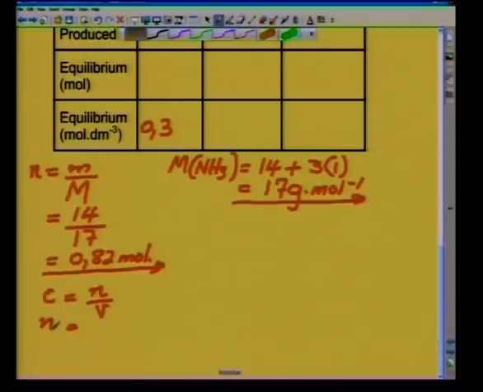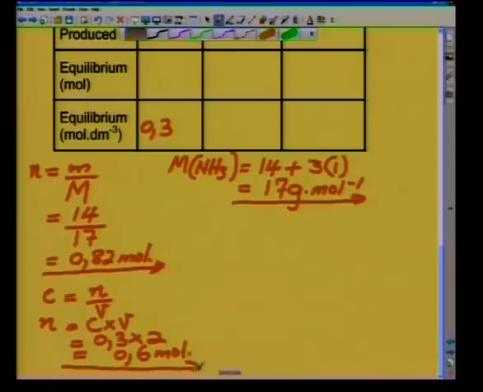Therefore, the number of moles n will be equal to concentration times volume. Concentration is 0.3 times the volume, which is given as 2.0 by 10 to the 2.0 cubic decimeters. So what do we have as the number of moles? It's going to be 0.6 moles of ammonia at equilibrium.